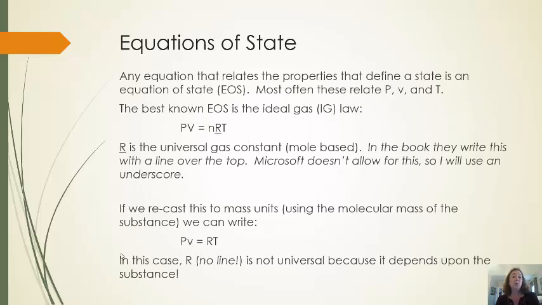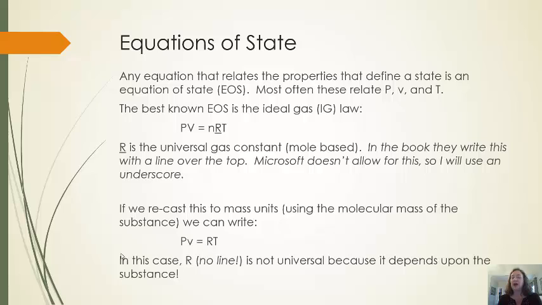Now, we're going to be spending more time on equations of state, but you've already been introduced to these. Any equation that relates the properties of a system, most often pressure, volume, and temperature, is an equation of state. It might include other energy variables also. The one you know best is the ideal gas law, PV equals nRT. This would be the total volume in this case.